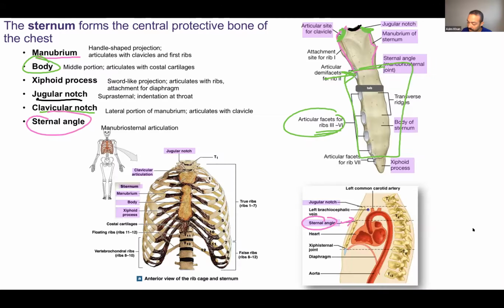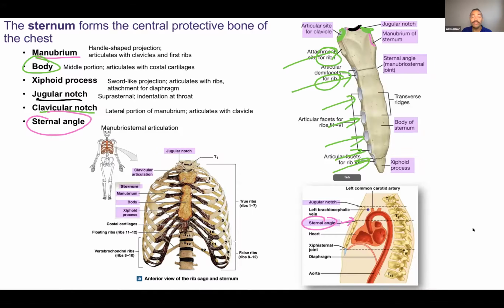There is one articulation, well, 1.5. There's an articulation for your first rib with the manubrium, for your second rib spanning between the manubrium and the body, and then for the rest of your ribs down here, mostly on the body. A part of it can go to the last portion here.